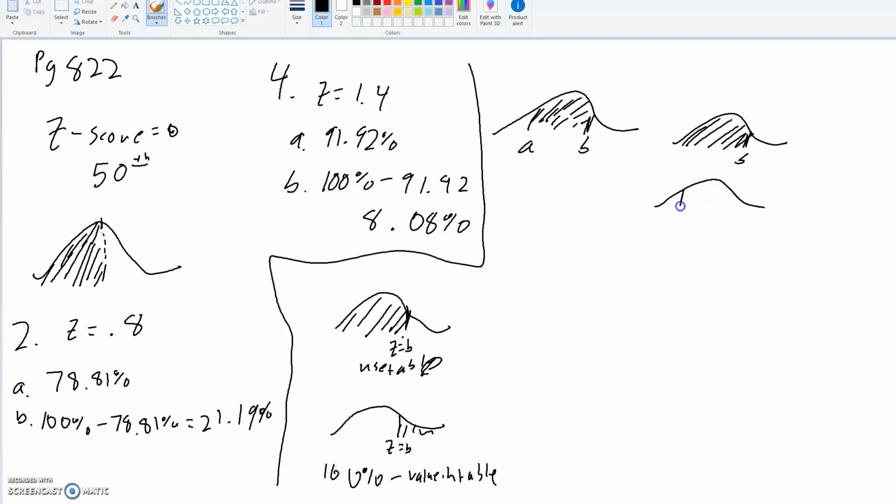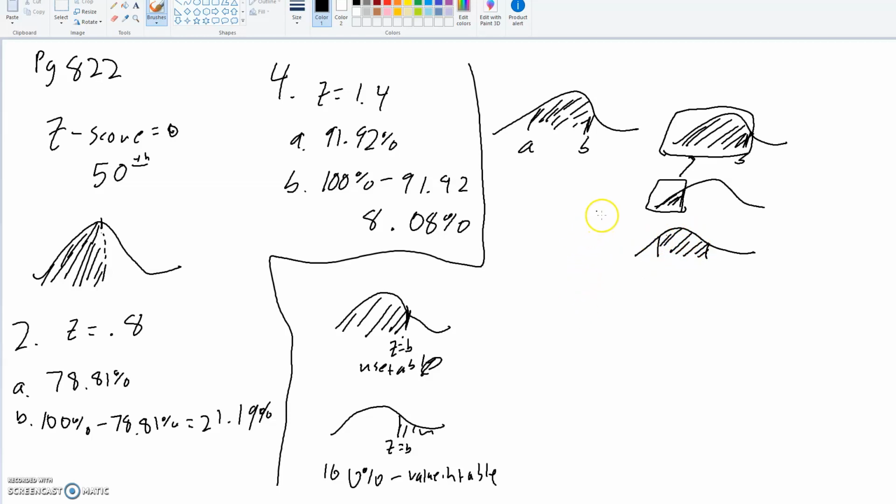For less than A, we would also just find the value in our table. If we were to take this part here and subtract this part here, we would end up erasing this little part here. So we would no longer have this part, and we have all the values less than this, so that means we're going to go to this region here.